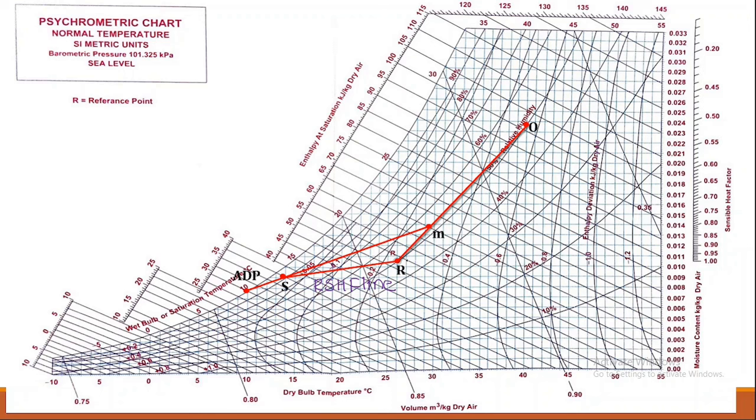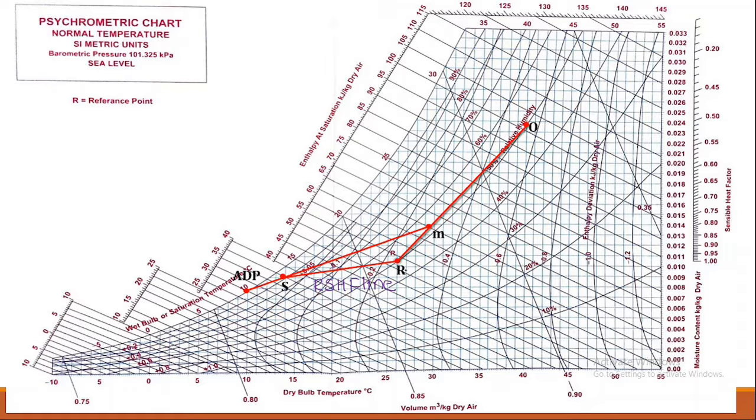If we were given another condition for R, then I have to take that point and draw a parallel line to S to R. From the R point, that is the reference point, I have to draw again a line up to the sensible heat factor line. So that line is going to be from the R point parallel to the SR line.